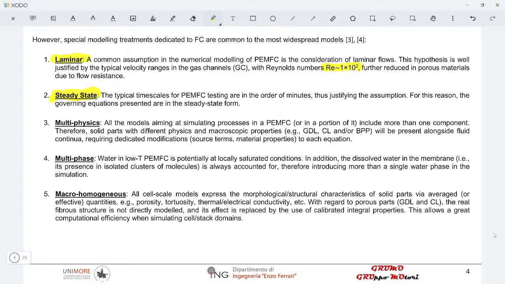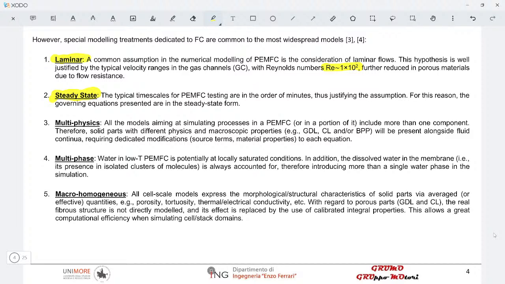Just as a note, this doesn't mean that we are not interested in the dynamic behavior of fuel cells. We will not cover it in this course, but for your knowledge, there is a lot of interest in it. There is the perfect equivalent of a driving cycle for an engine: there are also load cycles for fuel cells.